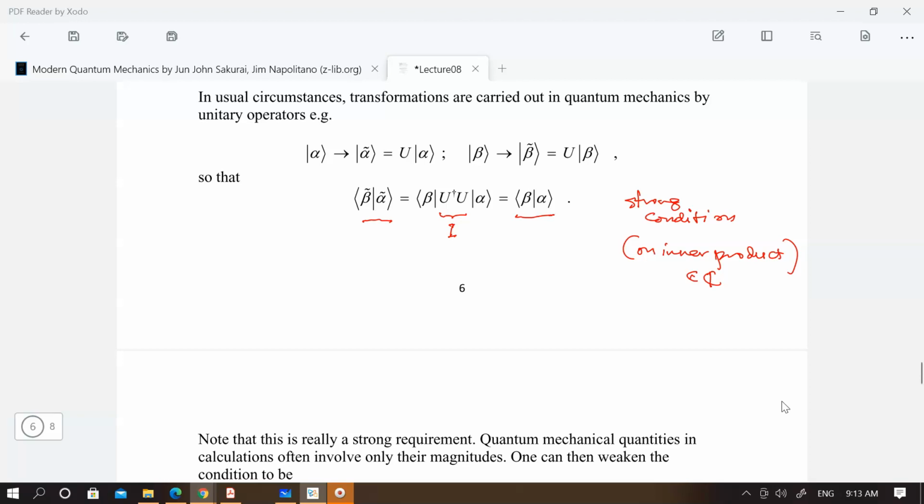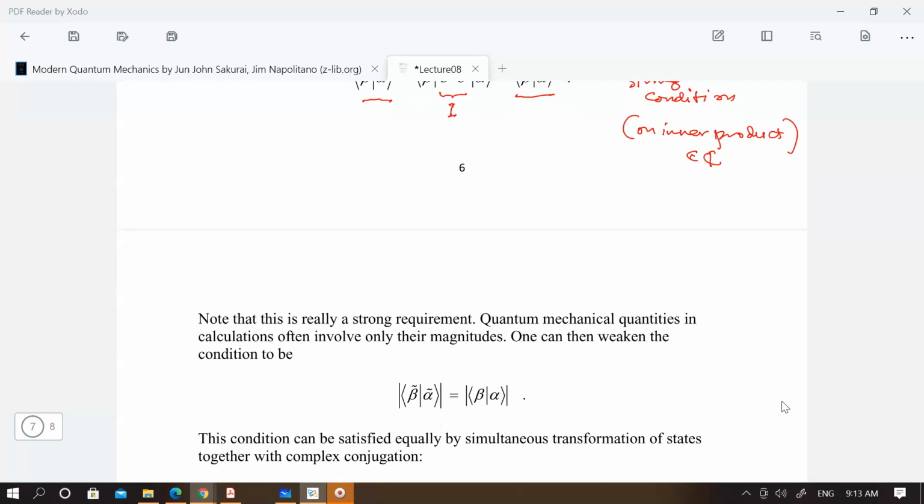What happens usually is you multiply by the conjugate, and then you get the magnitude square of the complex number, which would be a real number. So the point here is that it's not the inner product itself that you should ensure to be conserved, but just the magnitude of that. So this is a weaker condition.